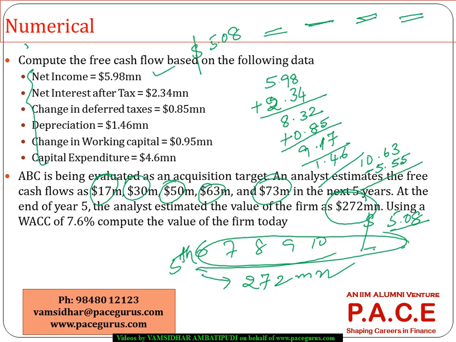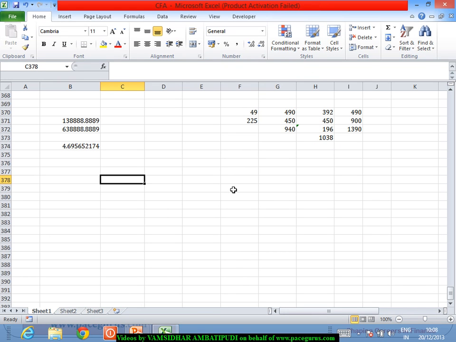So how much should I need to find as the value of the firm today? So what are the free cash flows as of today? 17 million, 30 million. This is 1 year from now, means in the next year I am expecting a 17 million free cash flow. In the year next to that I am expecting 30 million. Then I am expecting around 50 million.